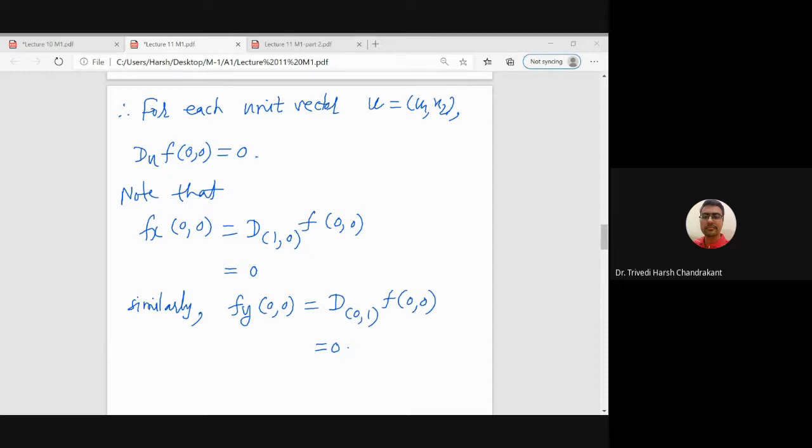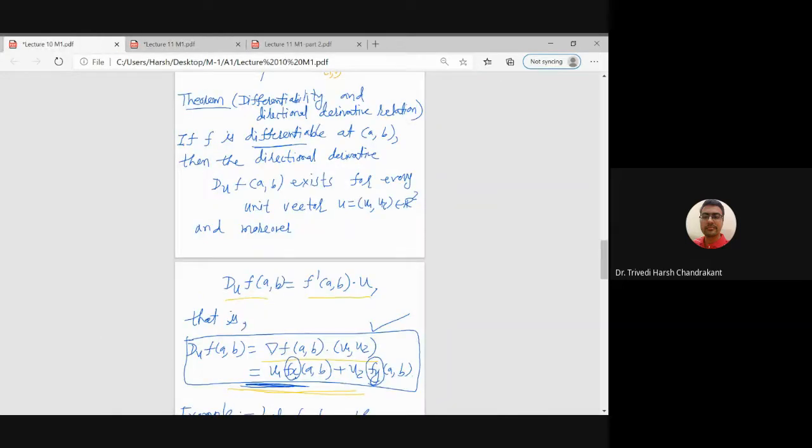So now what can we say about the equation, whether the equation is satisfied or not? Which equation are we talking about? This equation: the directional derivative equals the gradient times the unit vector.